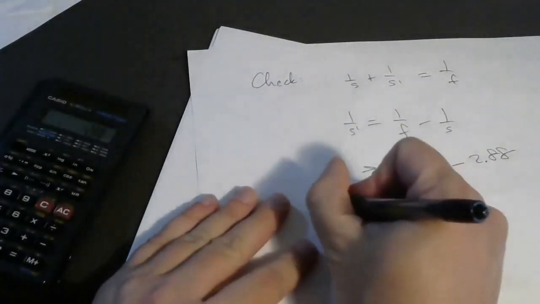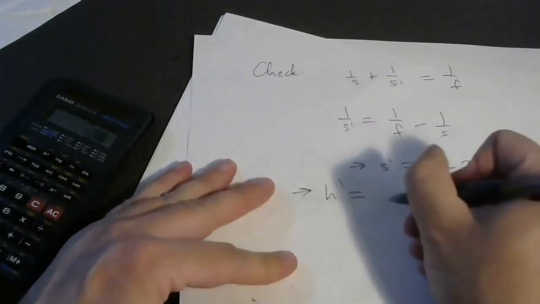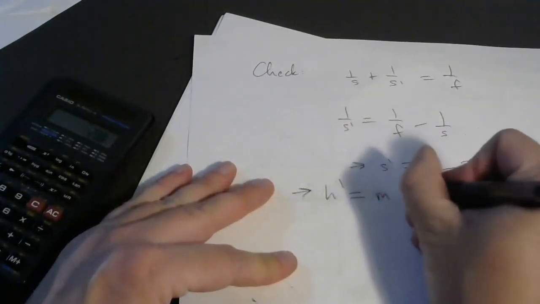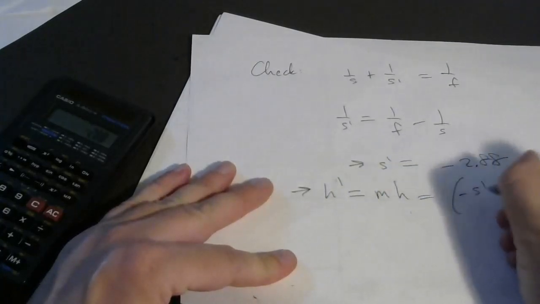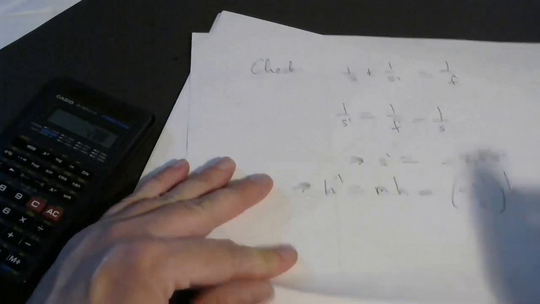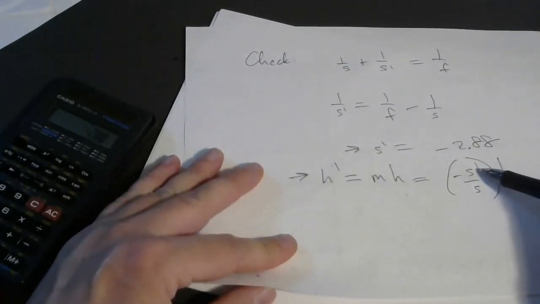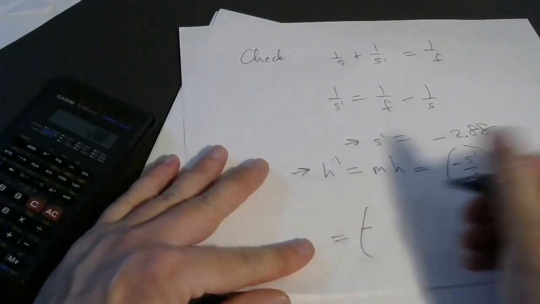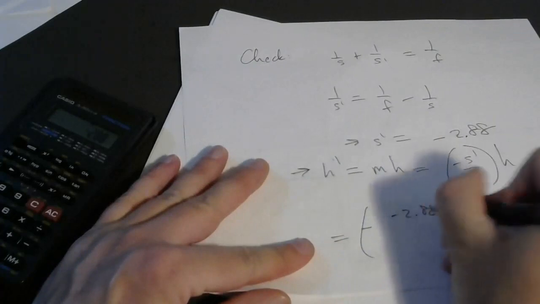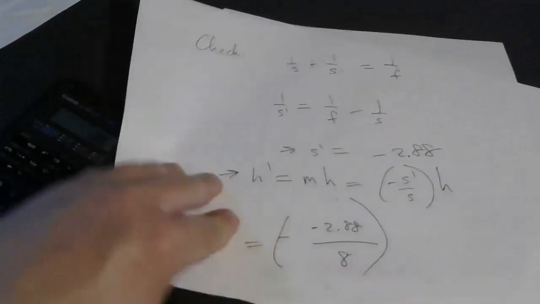Okay, and so that means our image height should be magnification times object height. Well, magnification is negative s prime over s, times h. We were given this number, we calculated this number, we were given this number, so here we go. Negative negative 2.88 over an object distance of 8. That's the magnification.